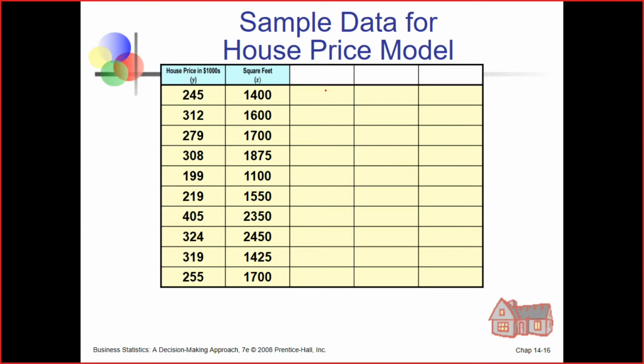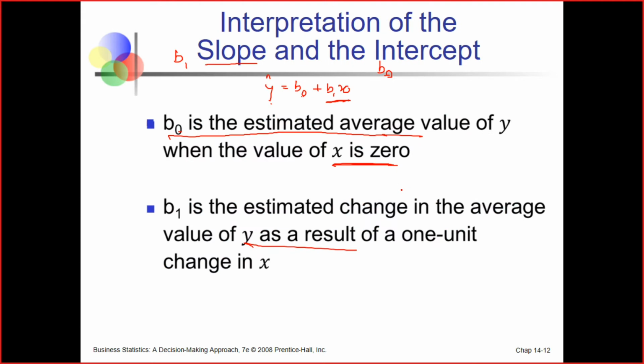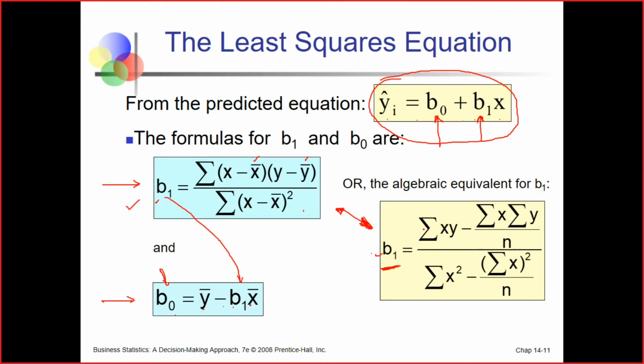What do we need in the shortcut method? We need sigma xy, sigma x, sigma y, sigma x square, sigma x whole square, and n. So please remember: sample size, sum of x, sum of y, sum of x into y, and sum of x square. These are the requirements and we'll do them one by one.